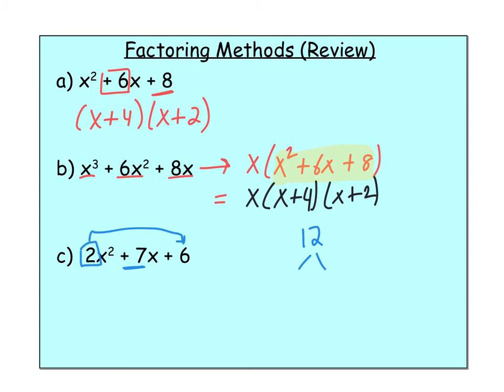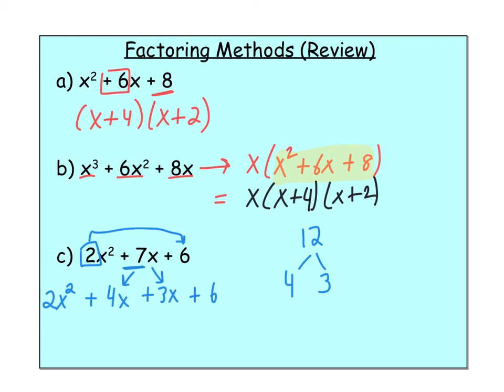Okay, so to get 12, we could do 4 times 3, because those add up to the 7. And the trick is then go ahead and split up that middle term. Split up that 7x into a plus 4x and a plus 3x. It doesn't matter which order you do that in. You could do the 3x first, then the 4x. We did both orders earlier in the year, and they both worked.